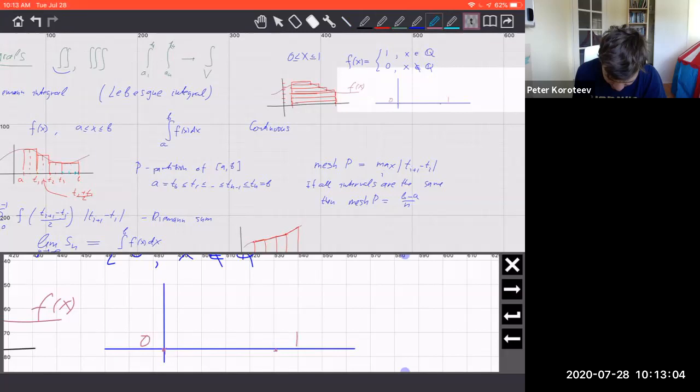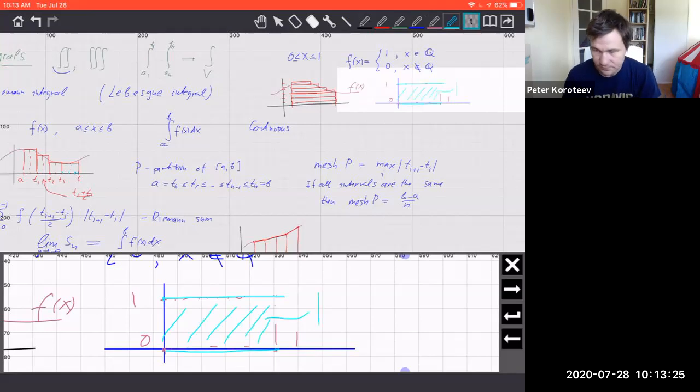We have a bunch of points here, a bunch of points there, and according to the Lebesgue integral, you should consider this kind of partition. So the area here will be equal to 1, because you're actually looking at the range, not at the domain.